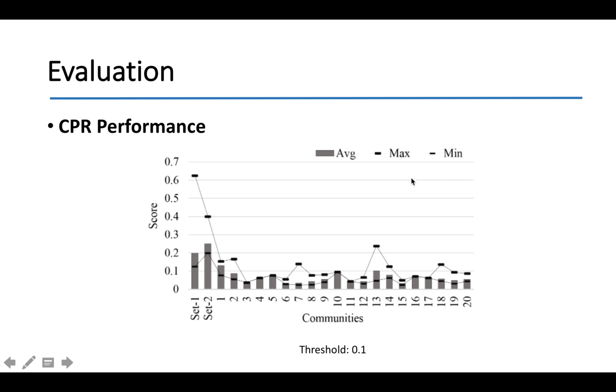The CPR values show that the average CPR values of the 20 communities are mostly beneath 0.1, while the average CPR values of the 2 marketing communities are higher than 0.2.